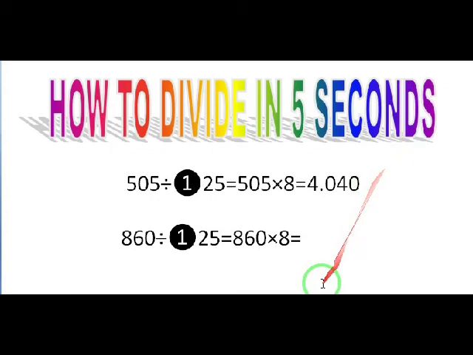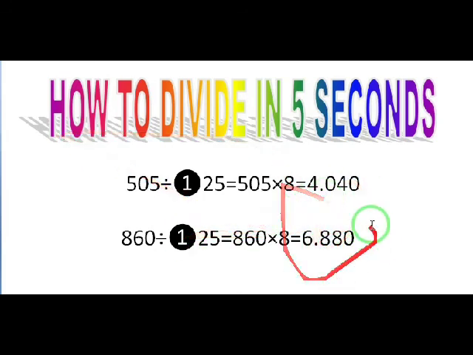So 860 into 8 gives us the result 6880. So according to that, we have to add a decimal point 3 units from the right. So here is the result. So finally we have ended. You can check this answer using a calculator.